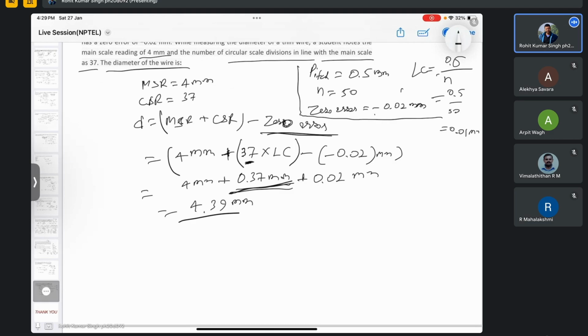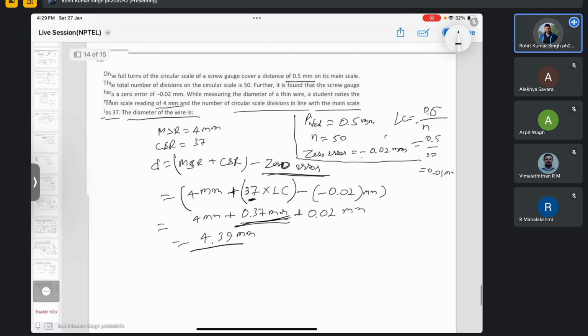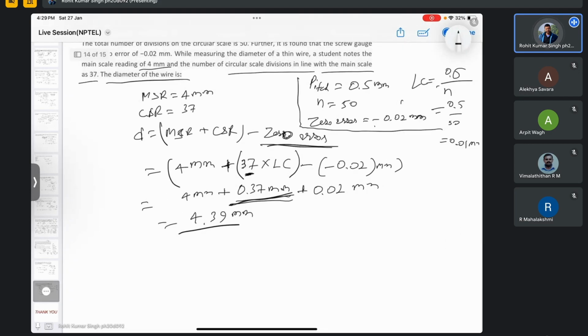A negative zero error always underestimates the measured value, and a positive zero error overestimates the measured value. This is the simple definition. Negative error will underestimate, so that means this error is a negative error, because it is underestimating.